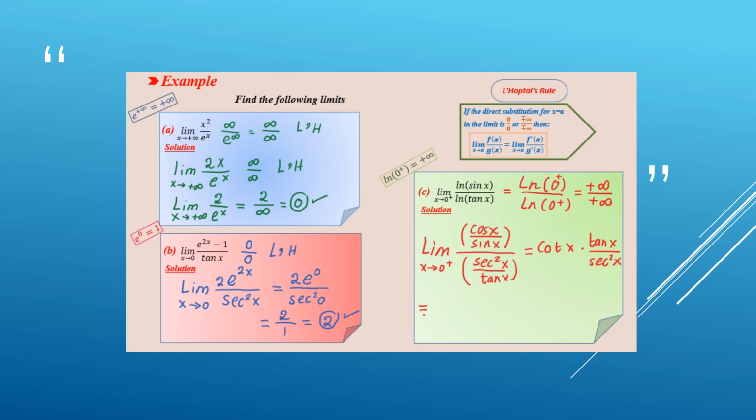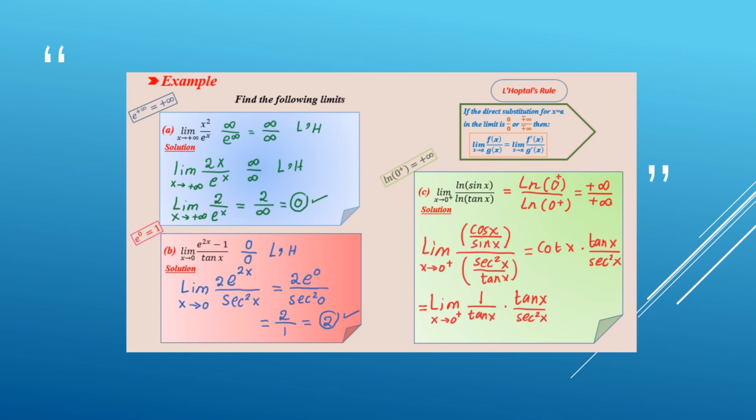So this equals the limit, and as you know, cotan x equals 1 over tan x, multiplied by tan x over secant squared x, when x goes to 0 from the right.